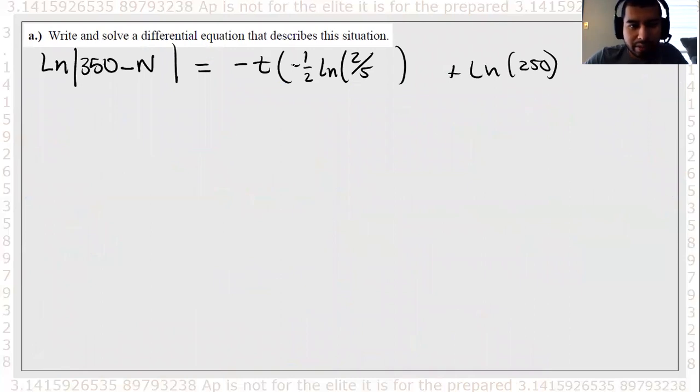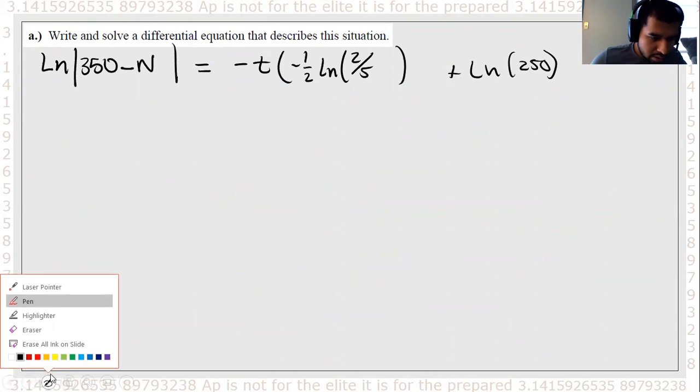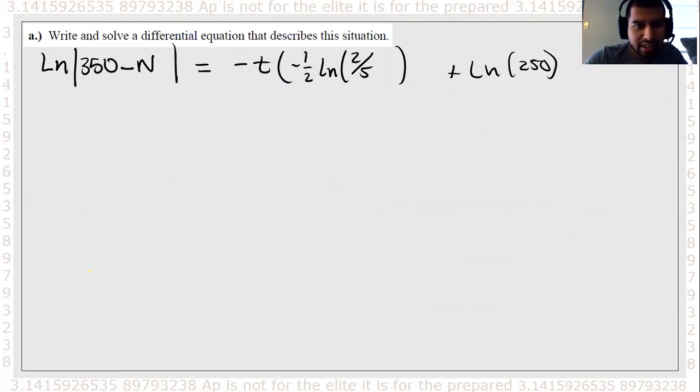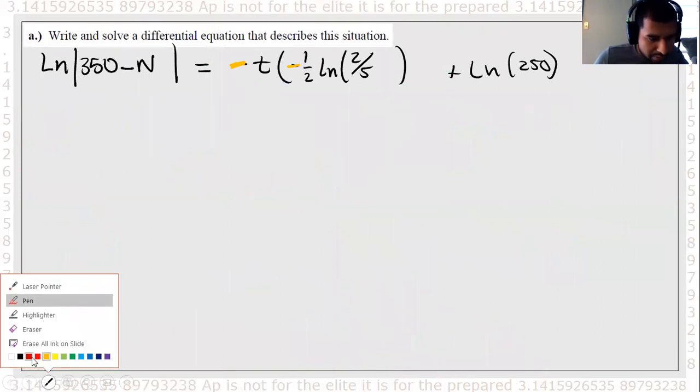Okay, let's just simplify this a little bit more. This negative right here and this negative right here, I'm going to combine them. That is the same thing as saying positive. Just simplify the best you can.